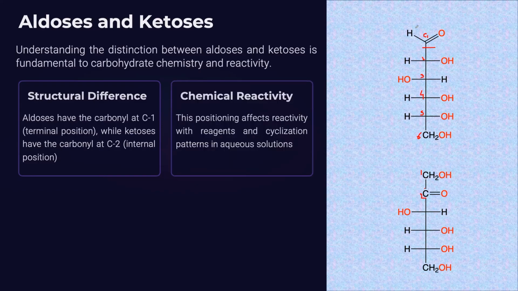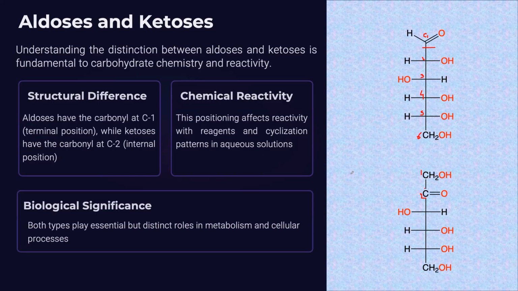Because the functional groups are different and located in different locations, this also affects their chemical reactivity. So aldoses and ketoses differ in their structure, and they also differ in their chemical reactivity. Because the structure affects the chemical reactivity, this also affects the biological roles, because that is important in metabolism and cellular processes. We will see these distinct roles when we move on to nucleic acids.